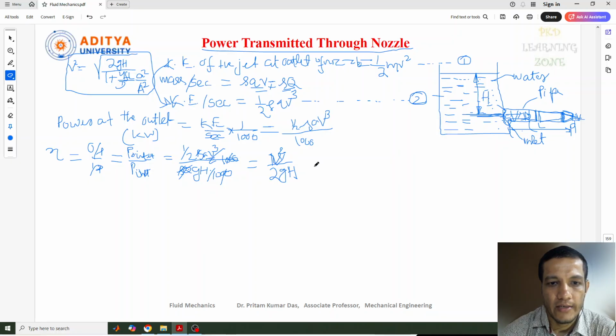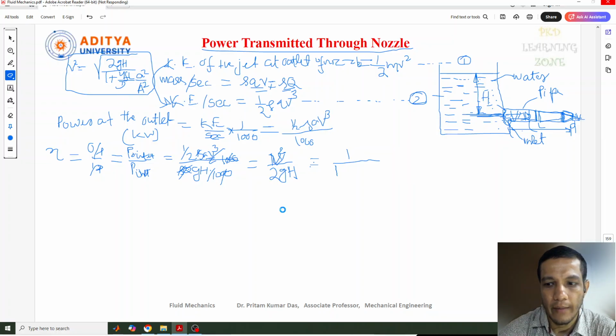So we get 1 by 1 plus 4FL by D into small a square by capital A square.